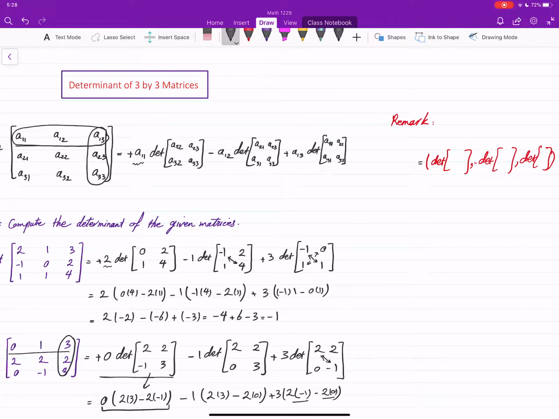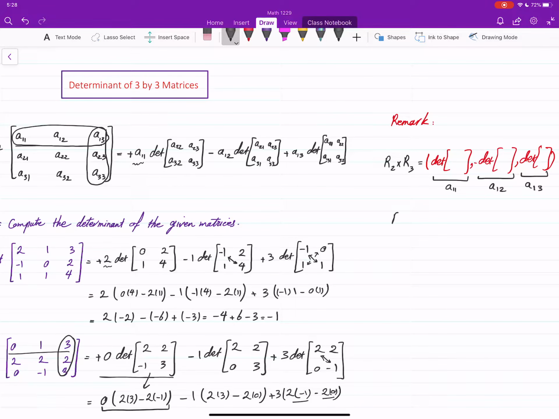So this is basically what is happening here. The way we found it, this is row 2 cross row 3. And you see that the first entry is multiplied by A11, the second entry is multiplied by A12, and the third entry is multiplied by A13. So this means you multiply them and add them.